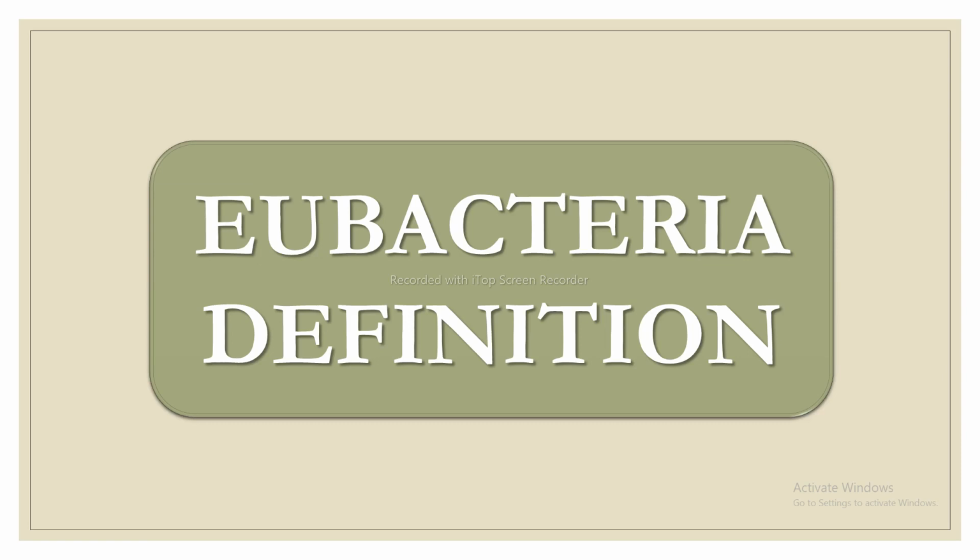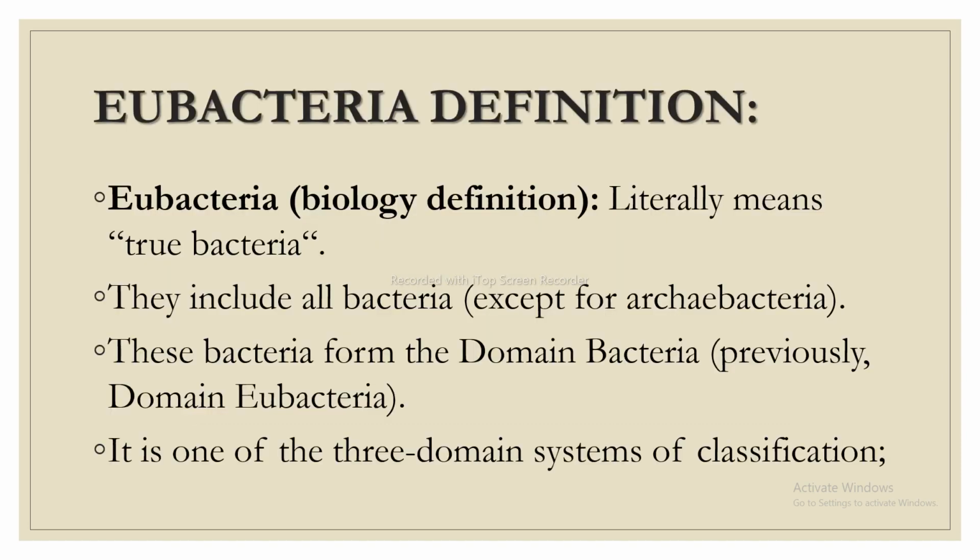So next I am going to discuss about the Eubacteria definition. Eubacteria, biology definition, literally means true bacteria. They include all bacteria except for Archaebacteria, and these bacteria form the domain Bacteria, previously domain Eubacteria. It is one of the three domain systems of classification.